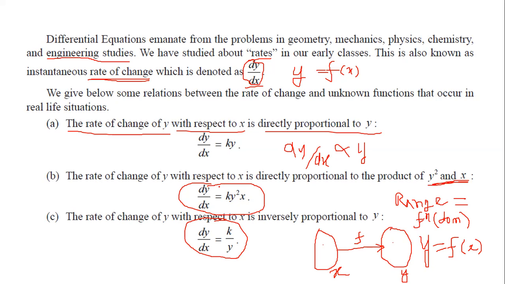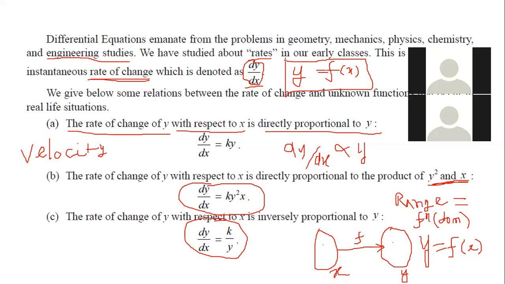Actually, in general, a first order differential equation can be based on velocity. And y equal to some f of x or f of t, then it is distance. The rate of change of displacement is velocity.